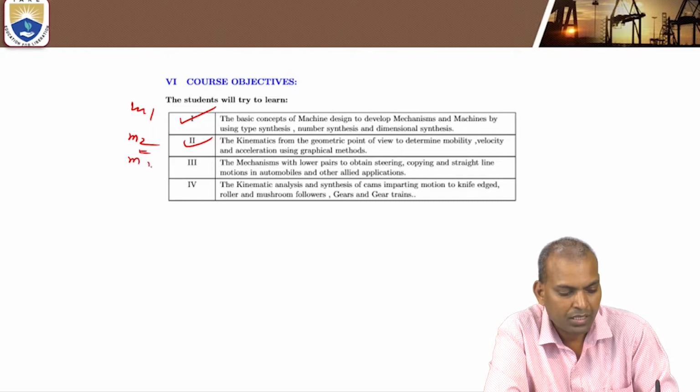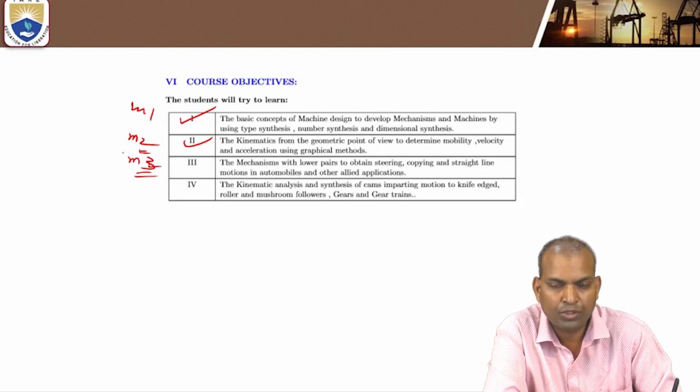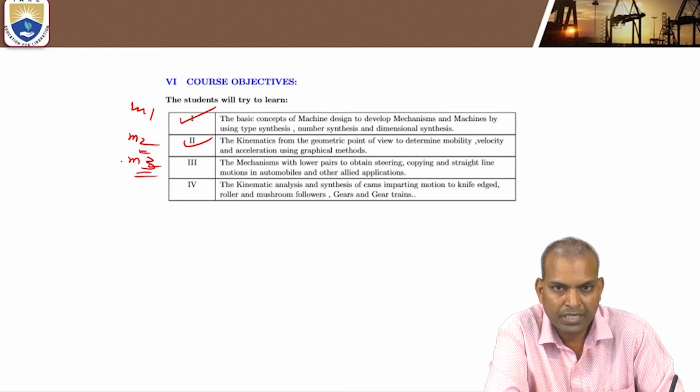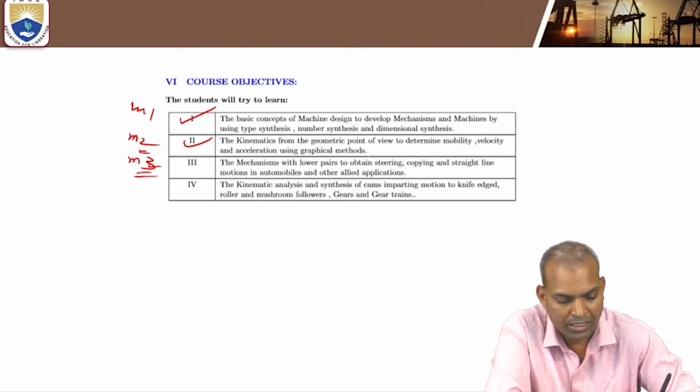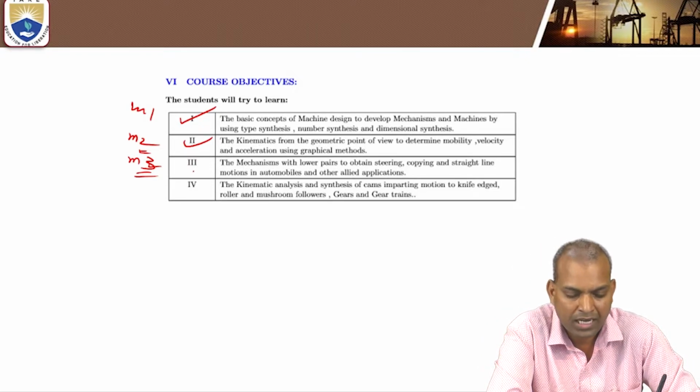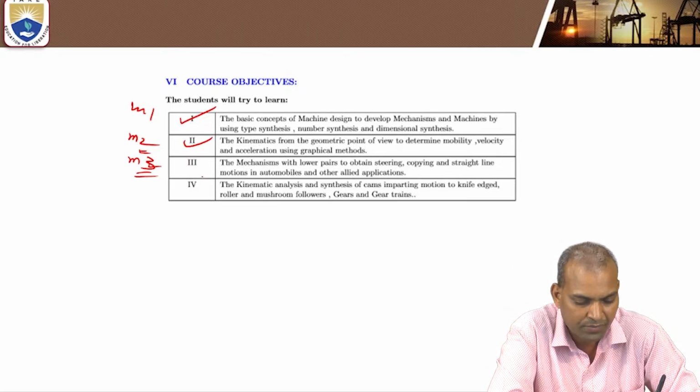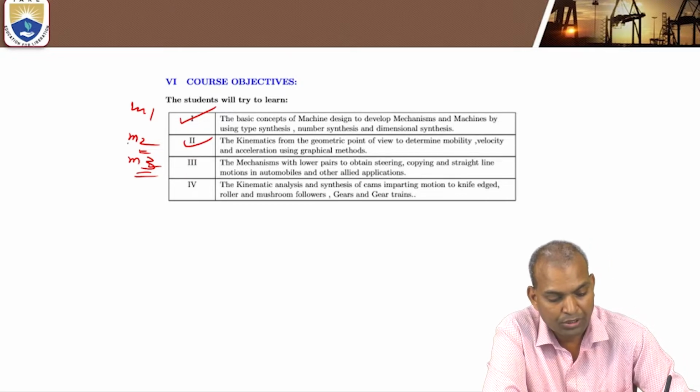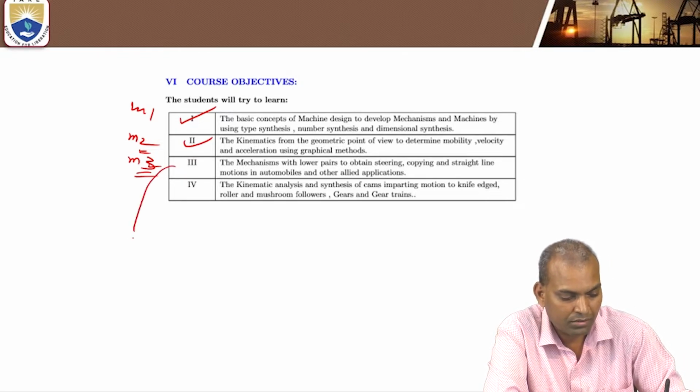Module 3 is the mechanisms with lower pairs to obtain steering, copying and straight line motions in automobiles and other allied applications. So in the third module we study 3 subtopics.